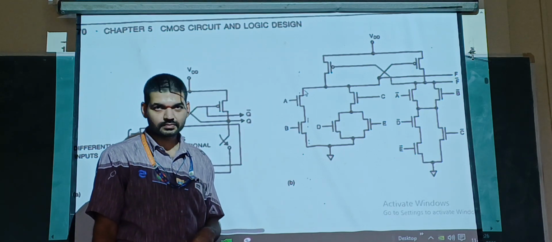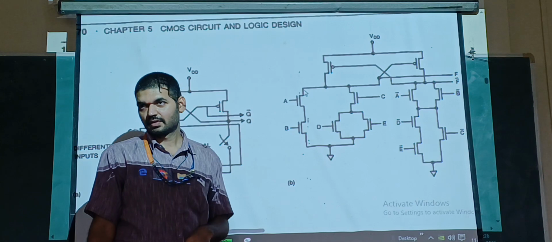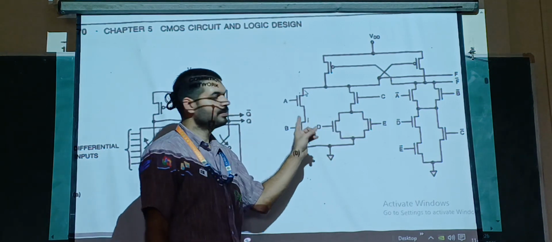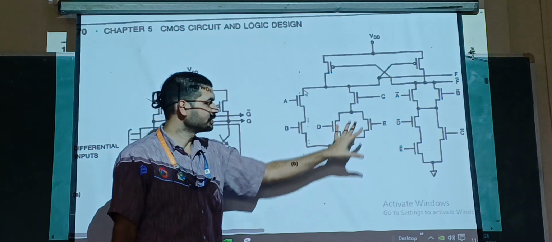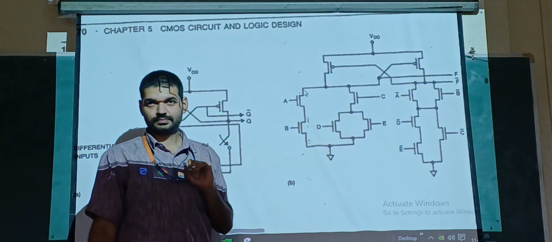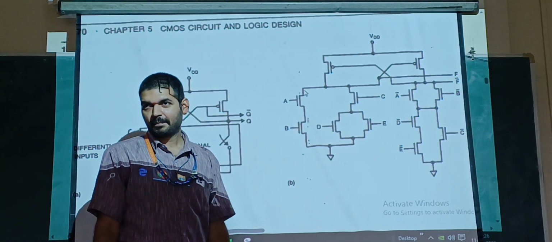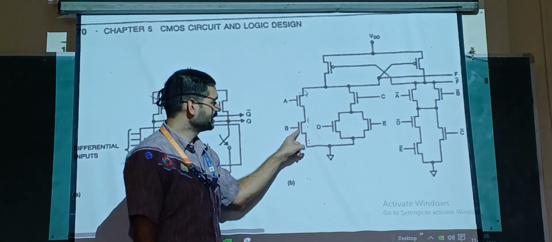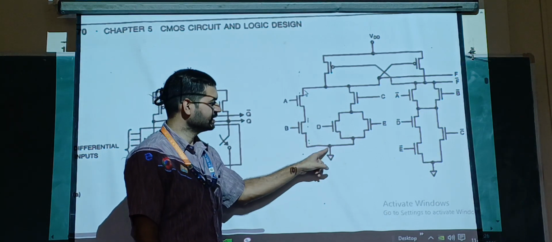What happens? If they are on, what will be the output of this structure? If on, then 0. This is on, so this is 0.